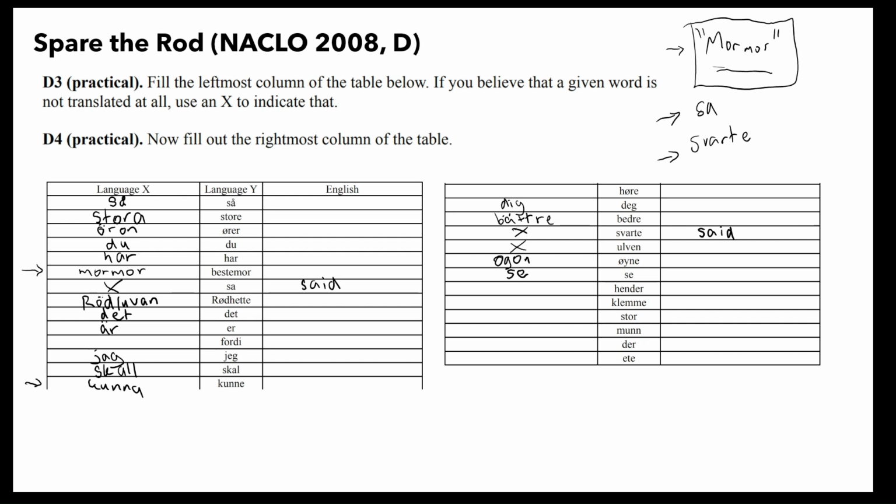Hender is in Y5, which we said maps to X5. Men mormor Y4 hadu stora tander. So we can write tander as the translation for that.